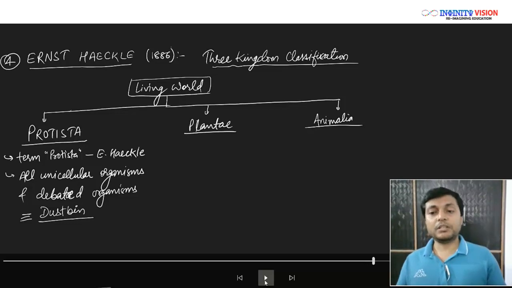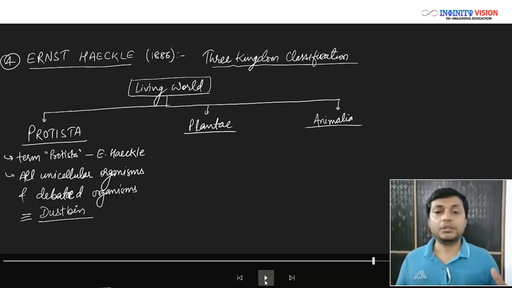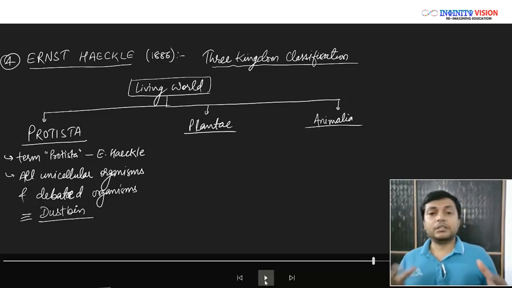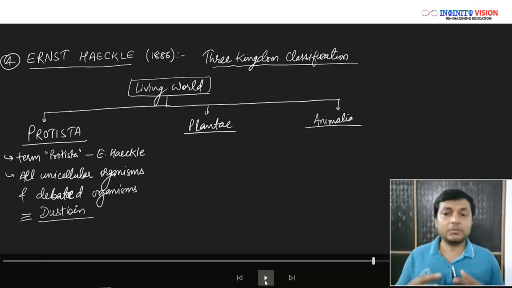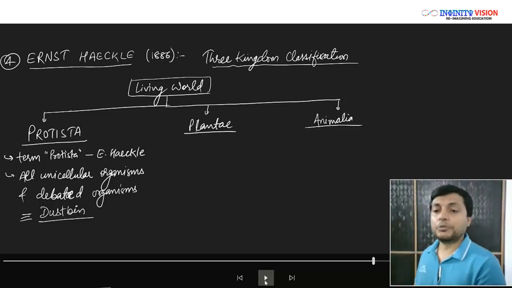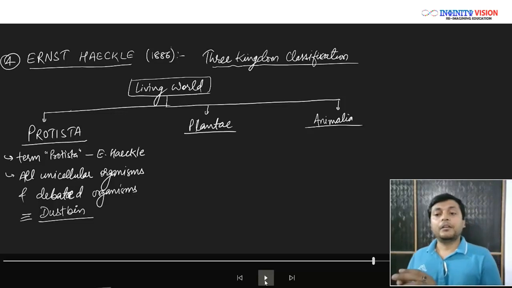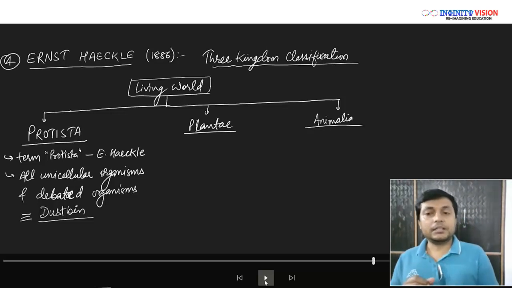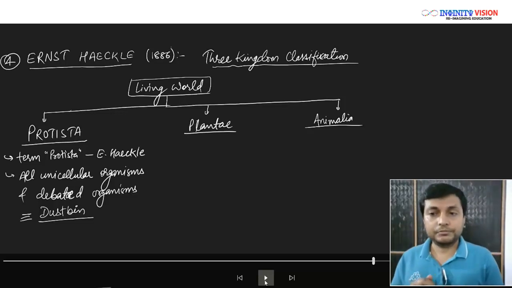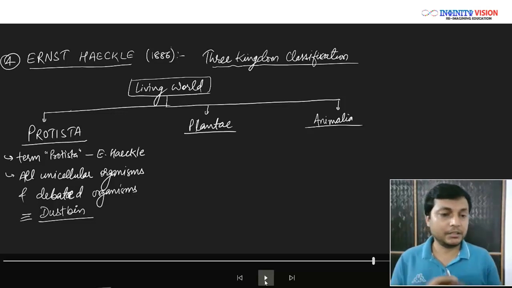Whatsoever you failed to understand, whether they should be under plant kingdom or animal kingdom, you threw them into Protista. That's why this kingdom Protista is also said to be a dustbin kingdom.